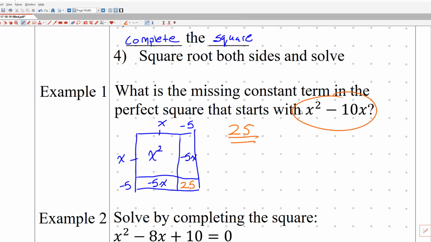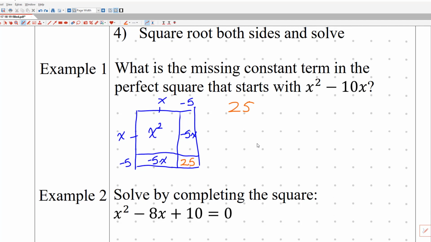And not only that, let's take it a step further. We're done with the homework for the first part, and you can stop right here if you want. But what I'm saying also is I know what the side lengths of that square are. So if I now say, maybe I was setting this equal to 0 or something, I'm doing a side problem right now. Let's go ahead and box it, done with 25. But taking a step further, what if I had x squared minus 10x is equal to 0?